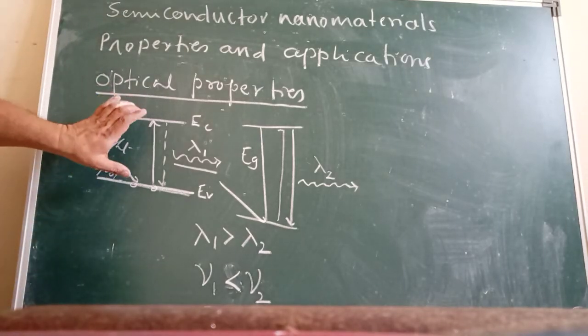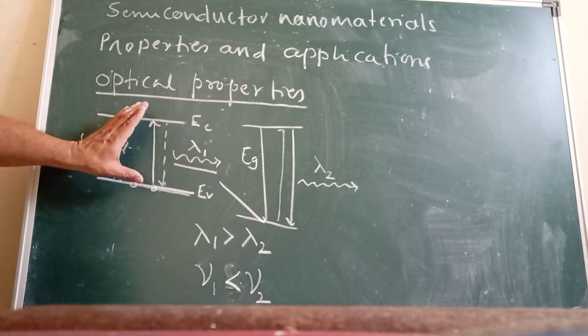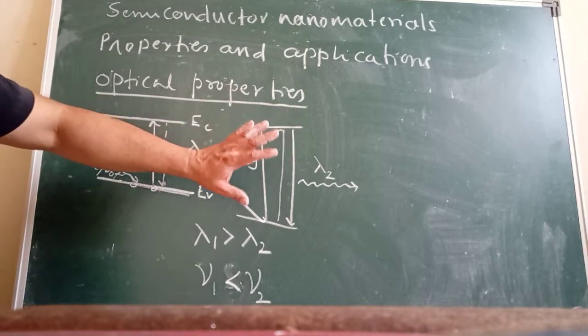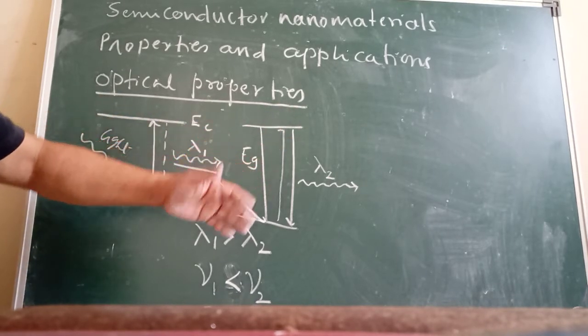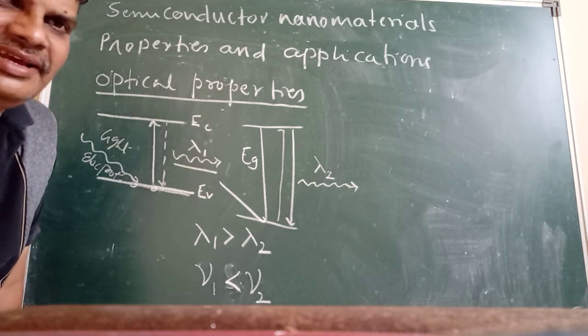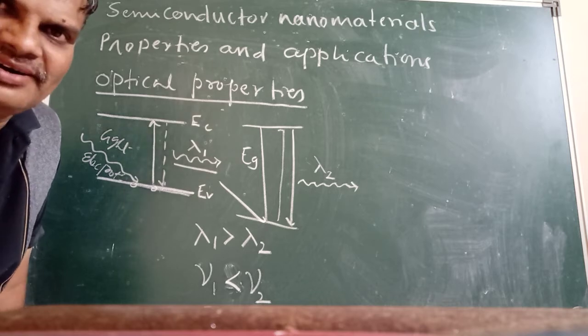In the same way, in the case of semiconductors, what happens? Consider semiconductor nanoparticles, for example gallium arsenide or cadmium telluride. On any website you usually get lead sulfide nanoparticles.